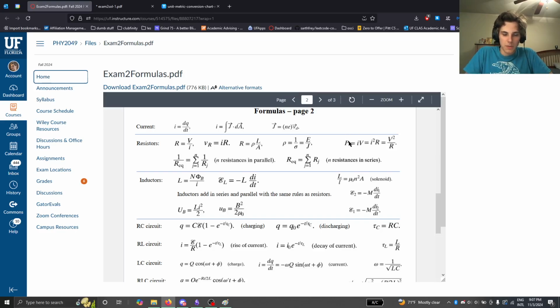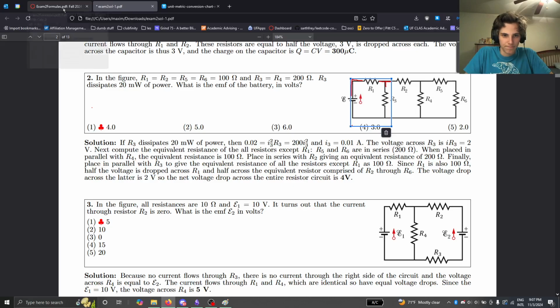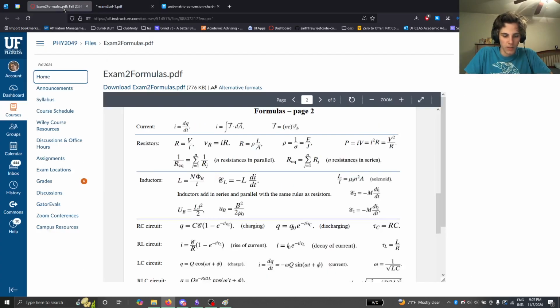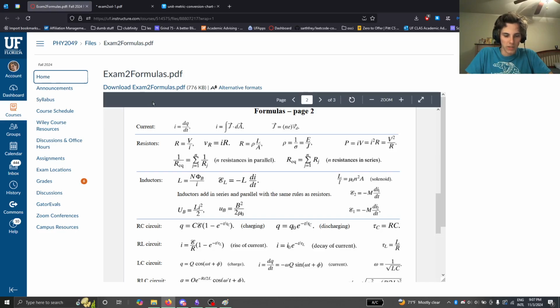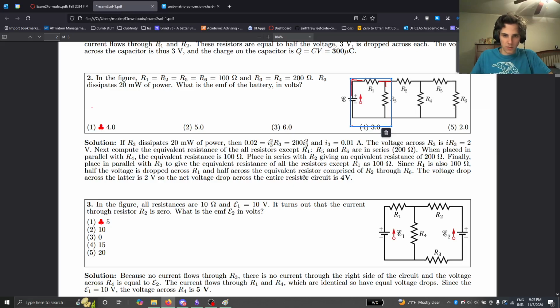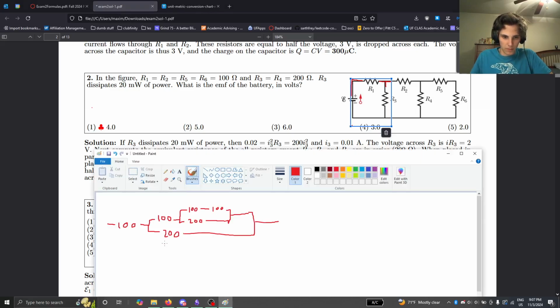If it's got 20 power, and we know that it is 200 ohms, actually I think I do have to worry about the units here, 10^-3. If we know it's 200 ohms, we can take the square root of what we get from dividing that in order to get the I here. So I is equal here to 0.01 amps.